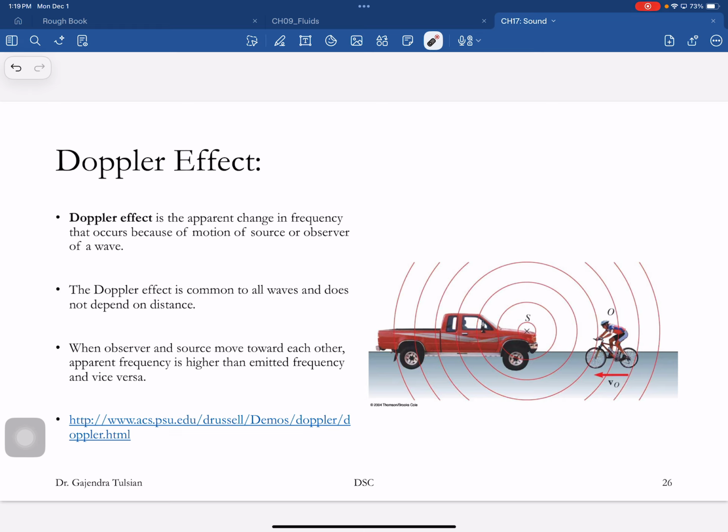You will perceive a different pitch than what is produced if there's relative motion between the source and the perceiver. That's the Doppler effect. Let me show you a simulation.